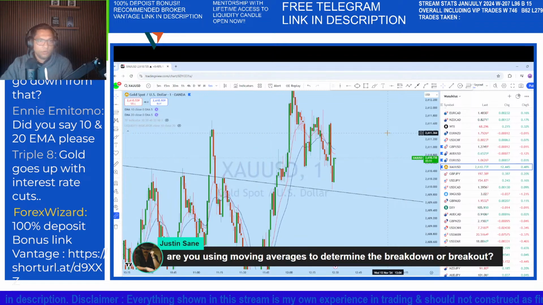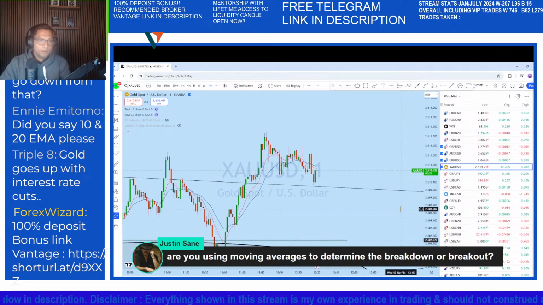Very weird price action is formed again.